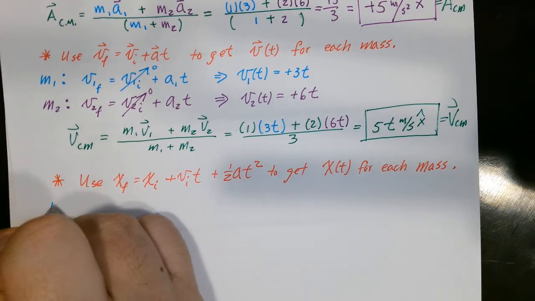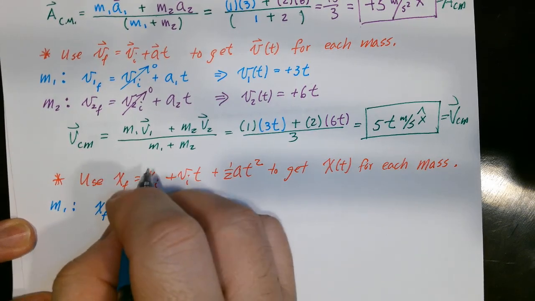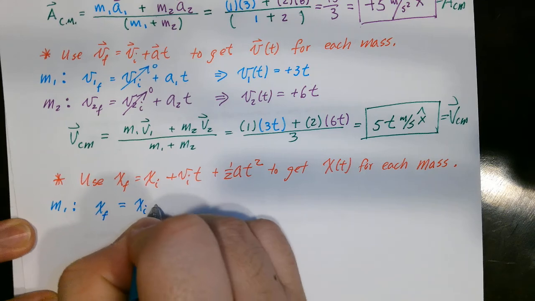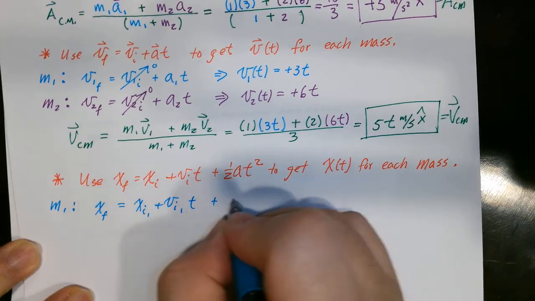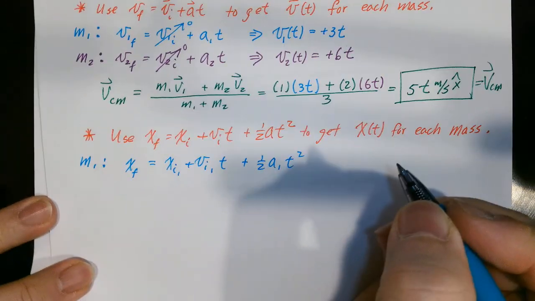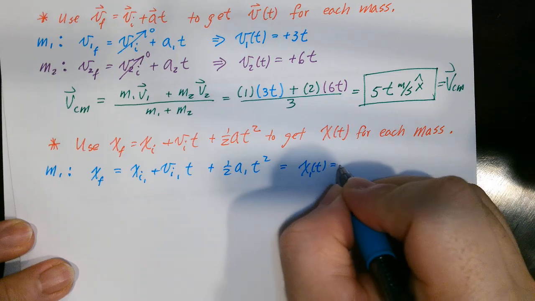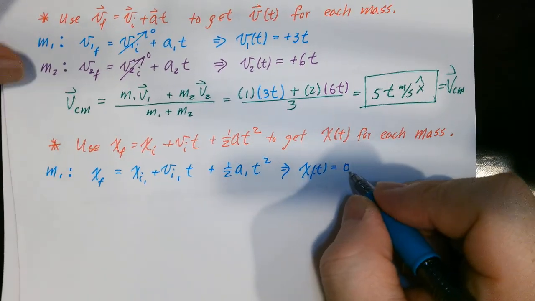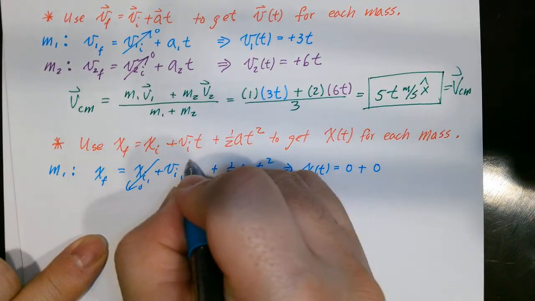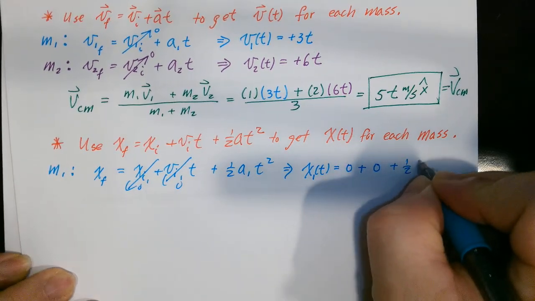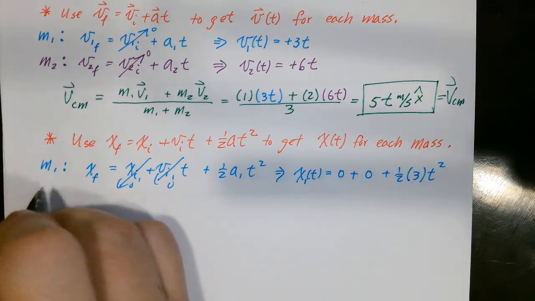Therefore, for M1, we have x final is equal to x initial plus V1 initial t plus 1/2 A1t squared, which is equal to x1 of t is equal to 0, because it starts at 0, plus V initial, which is 0, plus 1/2 times 3t squared.